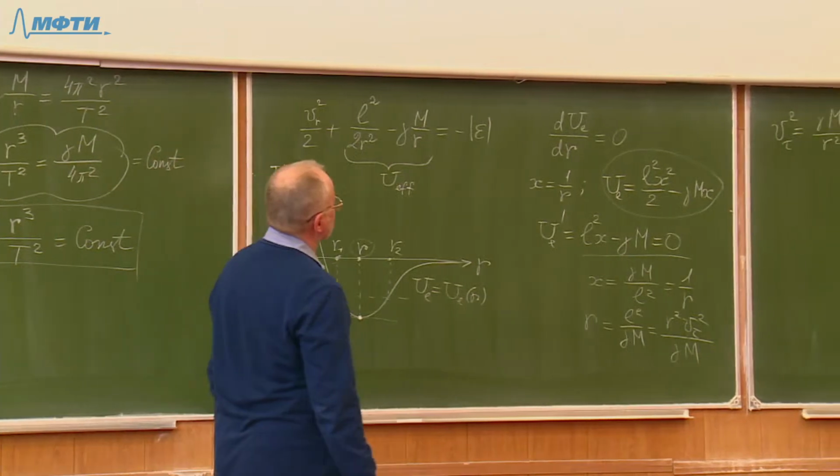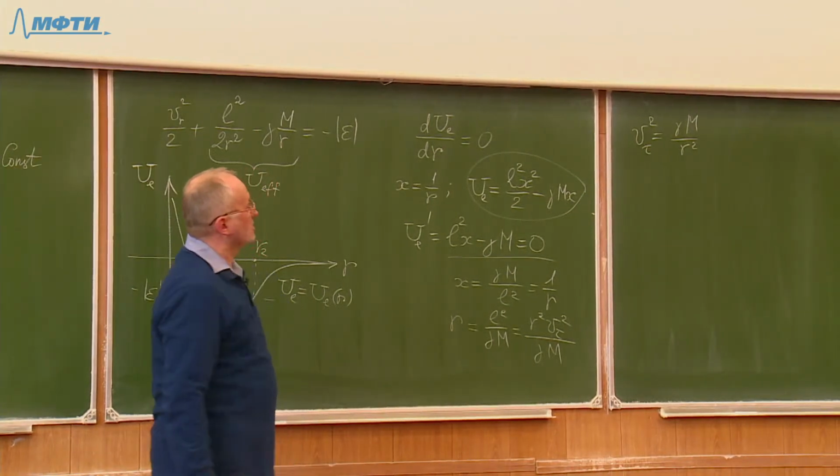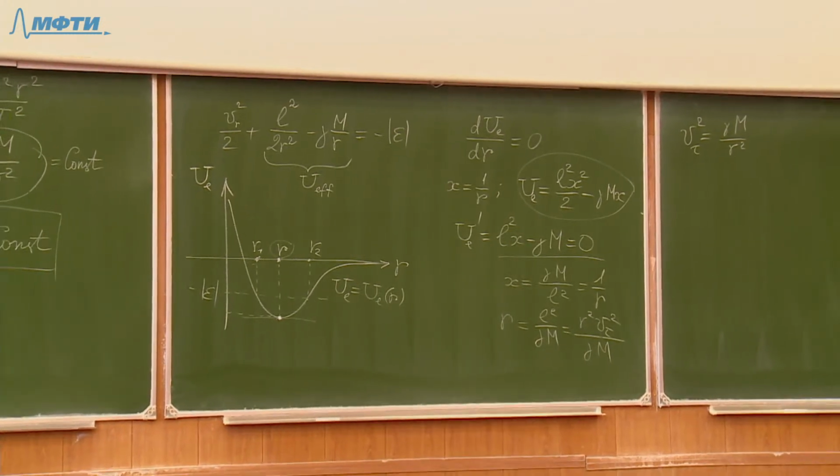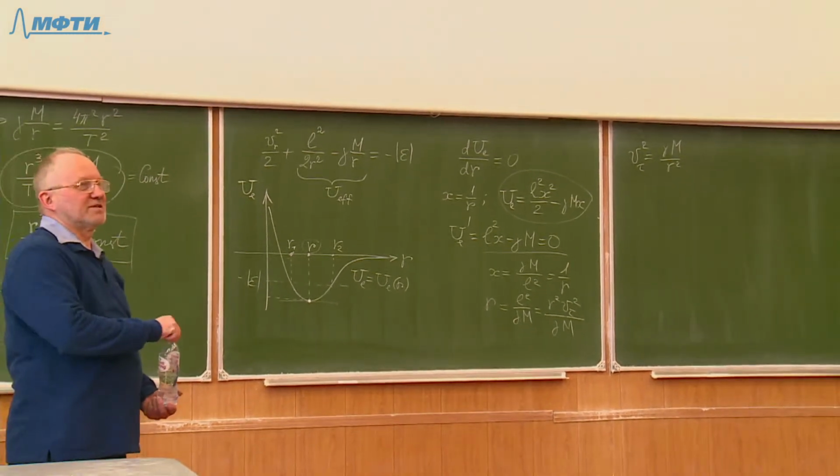I have lost somewhere one radius. Where is it? I don't see it. Where is the mistake? Who can find it?